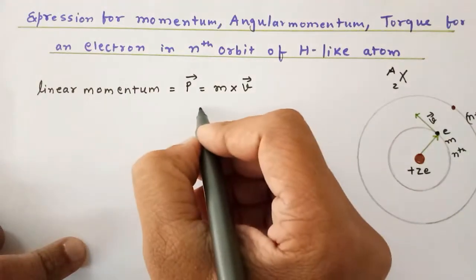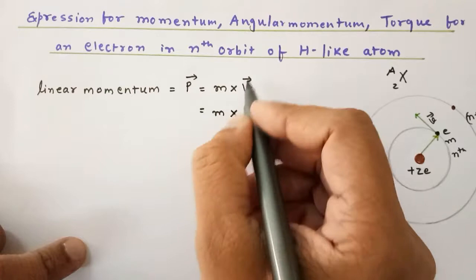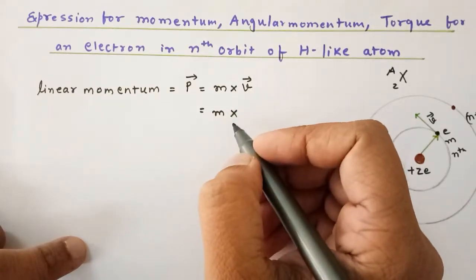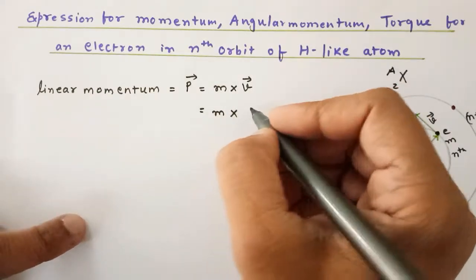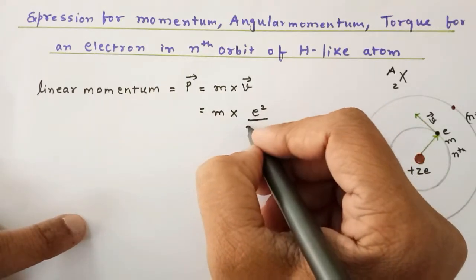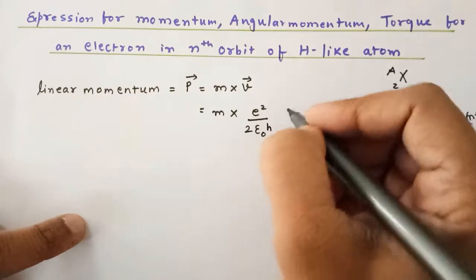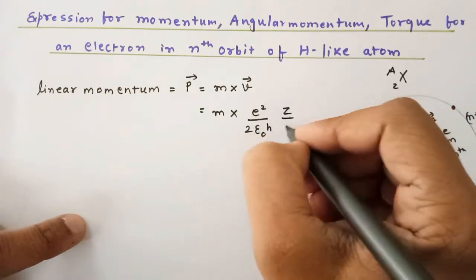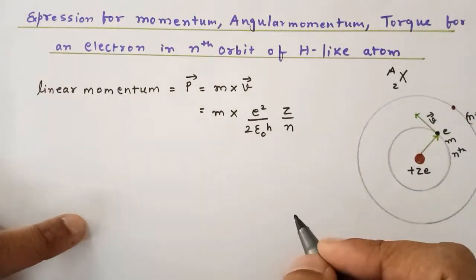And we already know the formula for the velocity that we have already derived in our previous lectures, that is e square upon 2 epsilon 0 h into Z by n, where Z is the atomic number.